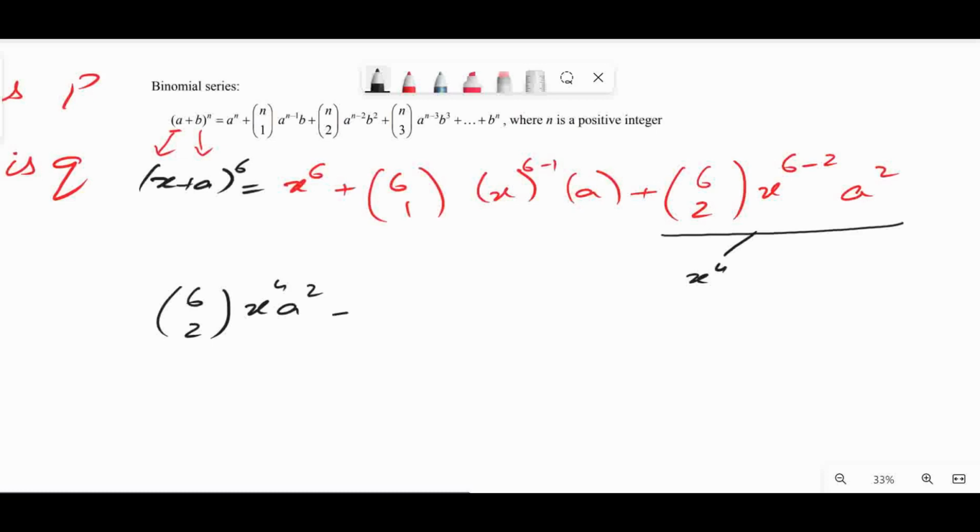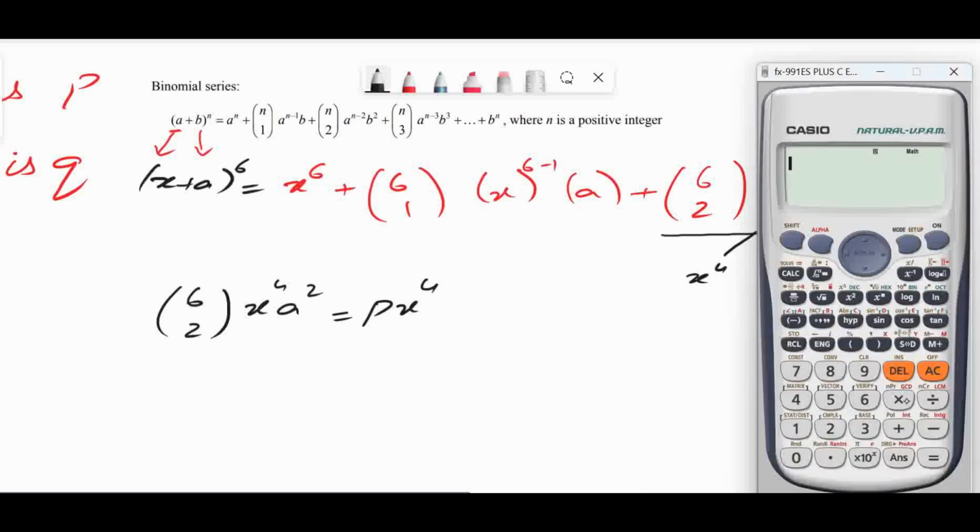Now this must be equal to the coefficient of x^4, which they said is p. So this is the coefficient of x^4. If we expand it, we can use the calculator: 6C2 is 15.